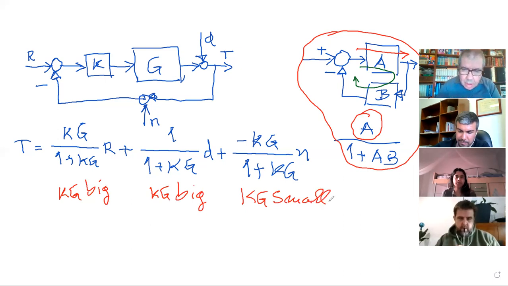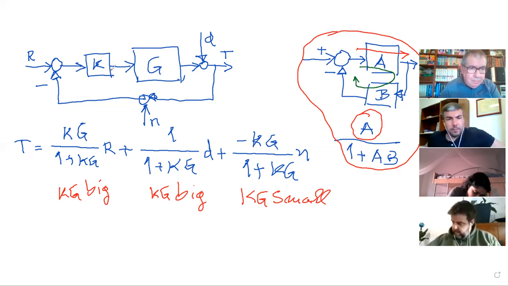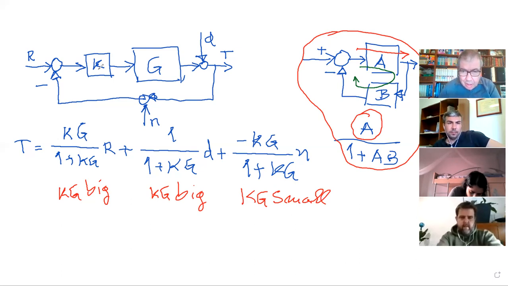Okay? So we have a problem. Do you have an idea how we can solve this problem? Well, the problem is solved in this way. Up to now, we were just considering these as gains, as numbers. But you know, for instance, that G is not just a number. It's a dynamic system. You apply something to it. So you can make K depend on the frequency.